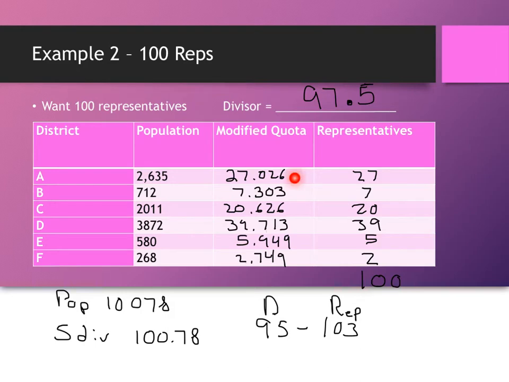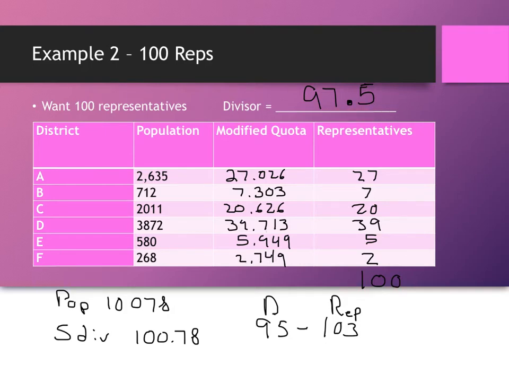And although these decimal points may be different in the modified quotas, they would all give you the same number of representatives. Okay, so if 98 worked, it would still give you 27, 7, 20, 39, 5, and 2 representatives for my districts.